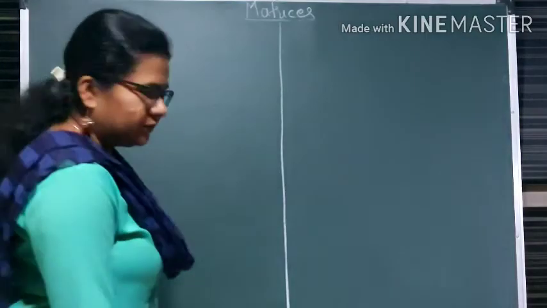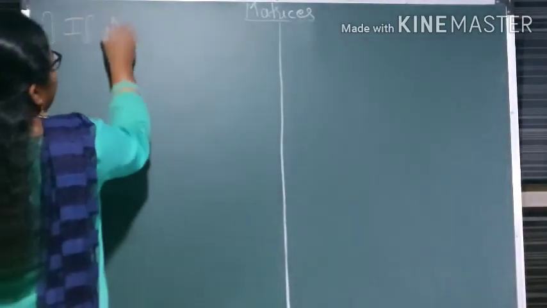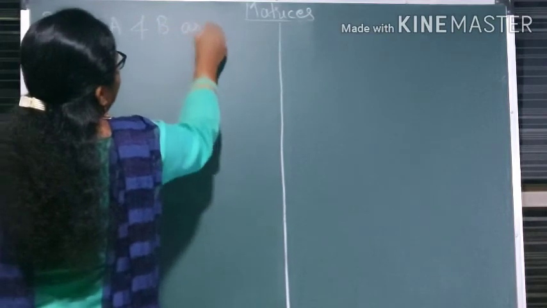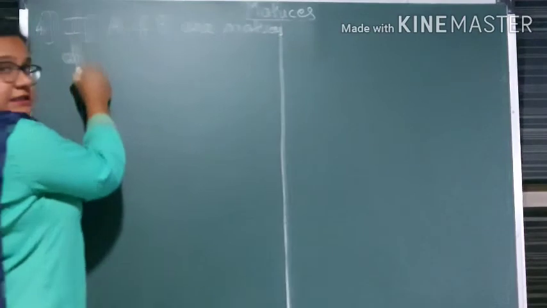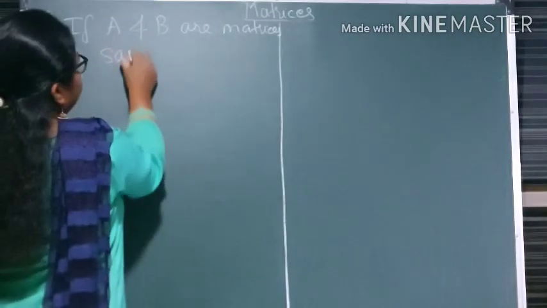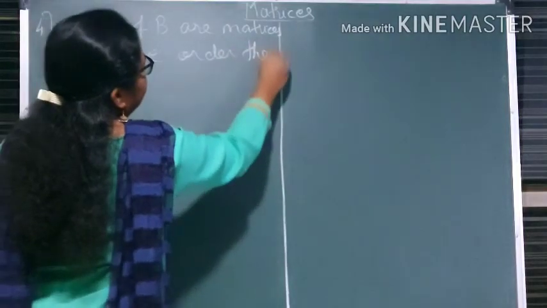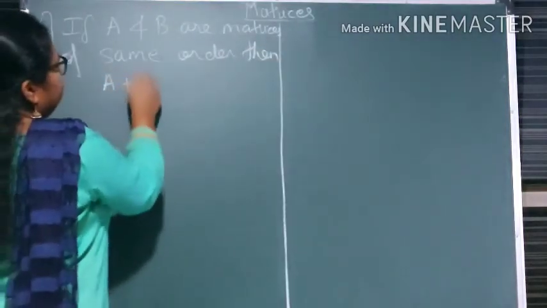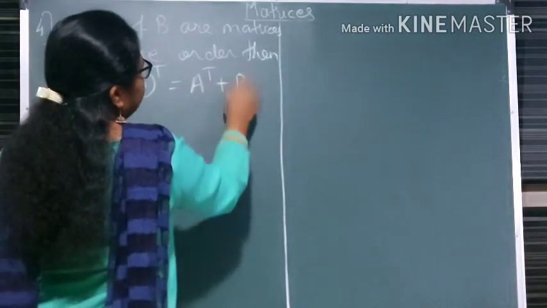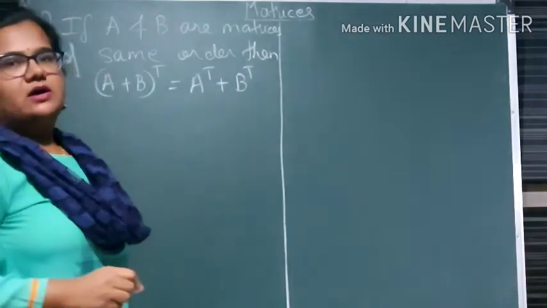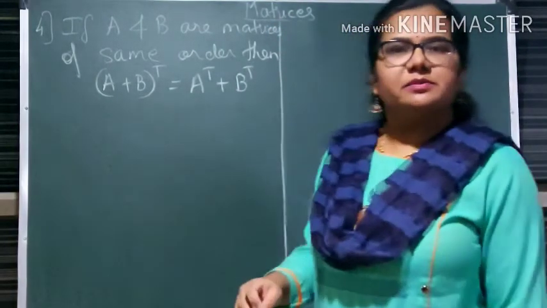The next, fourth property. What is the fourth property? Now if A and B are matrices of the same order, then A plus B transpose is equal to A transpose plus B transpose.